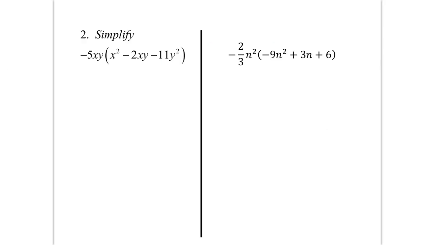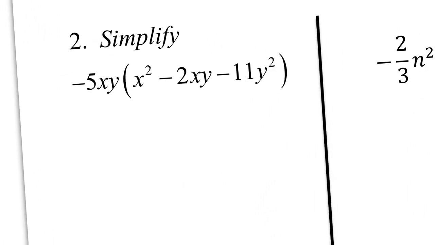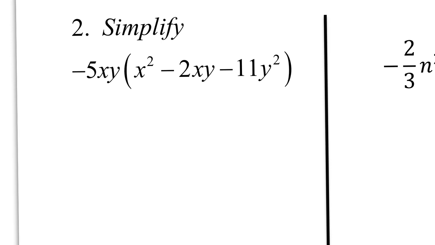Okay, so let's try another one where you have two different variables and you have a negative outside. Notice it says simplify. So you are going to multiply because you have a monomial times a trinomial. So I am going to multiply this monomial here, negative 5xy times the x squared. So remember, the x squared has an invisible 1. So negative 5 times the 1, that's going to be negative 5.